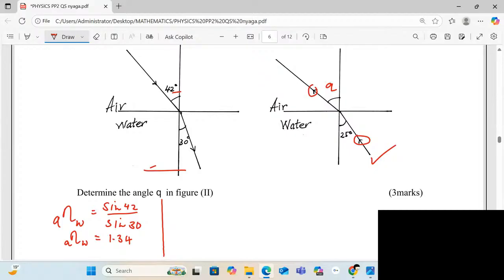So the first thing you need to get is the refractive index of air, since it's the last one with the refracted ray. The refractive index of air with respect to water will be the same as the inverse of the refractive index of water with respect to air. Therefore, this is 1 over 1.34.